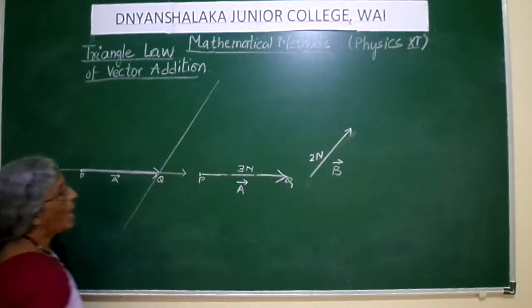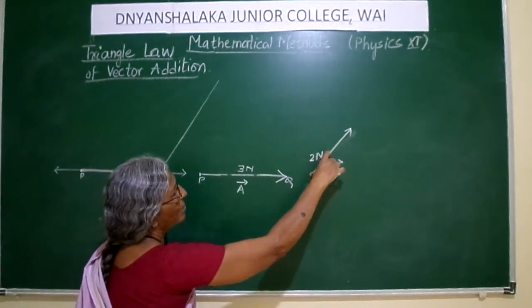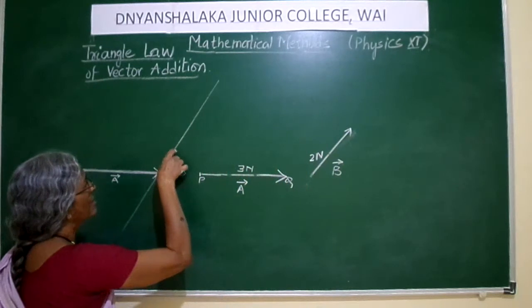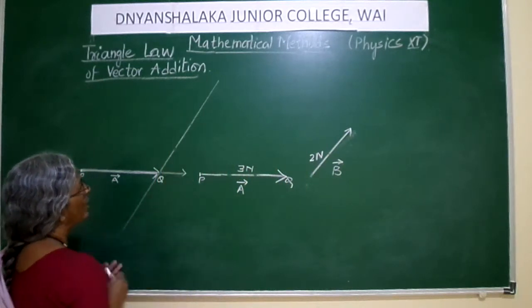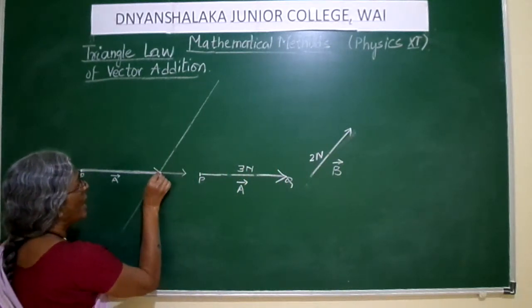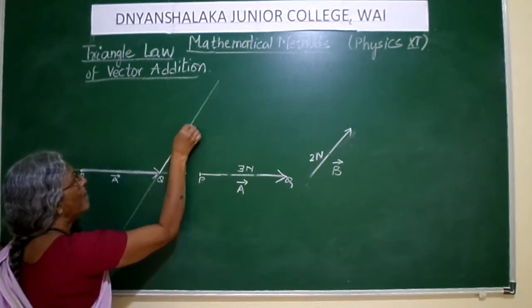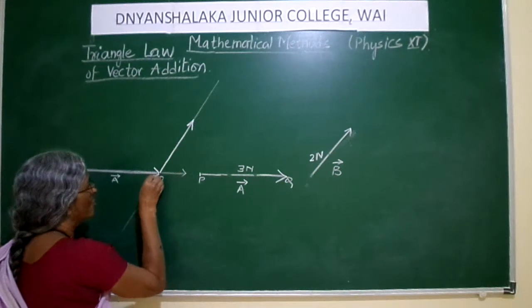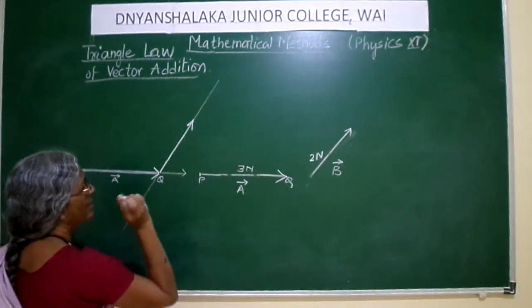Right? Now again the same thing. With the scale I measure the exact distance and plot that vector over here, with the same magnitude as this vector has.